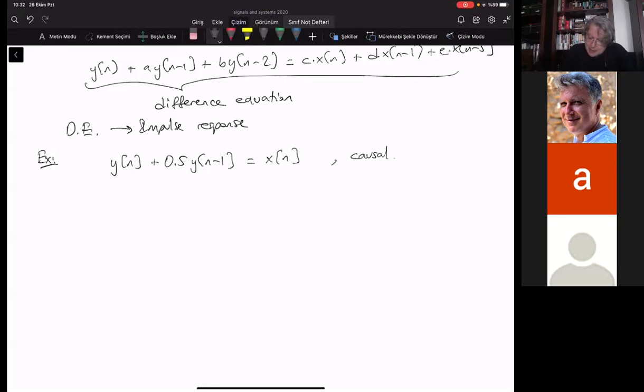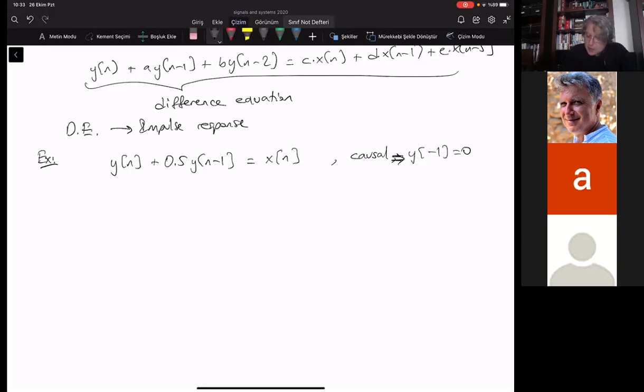And the initial condition, like what was y of n at y of n minus 1, for example, sorry, y of minus 1, the initial condition at minus 1 is equal to 0.